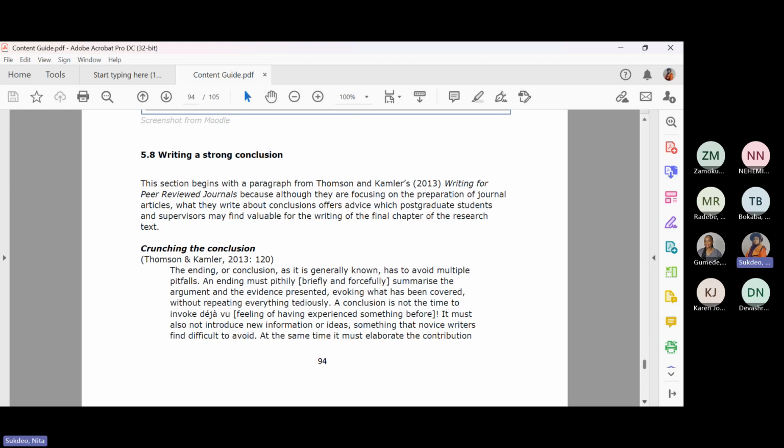You can look at various examples of what other authors have done. It's not about repeating what has been done previously in other studies. It is concluding on the results and findings that you have, linking them to literature to say that everything is supported. Your literature supports your findings, and the findings support your objectives and your research questions. That is how you build a strong conclusion.